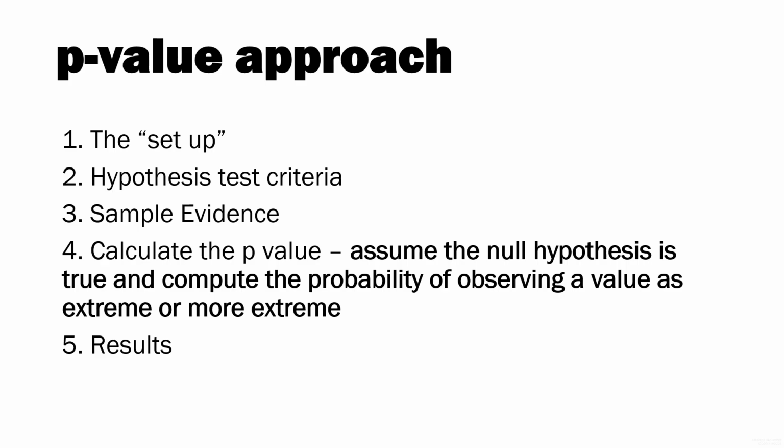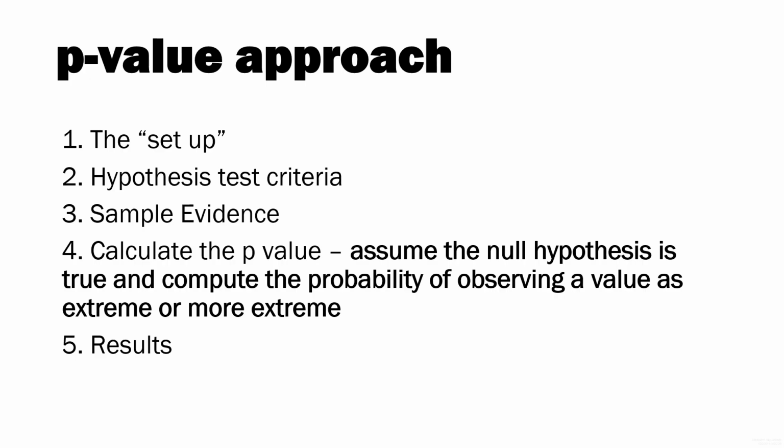Then we need to gather all of our sample evidence and calculate our test statistic, which is actually the easiest part. And then we need to calculate the p-value of the test statistic and determine whether or not the p-value is smaller than alpha, which helps us state our decision about our null hypothesis.